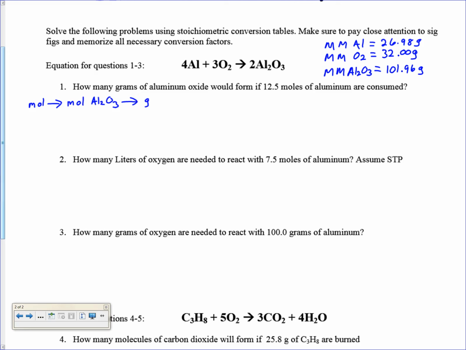So that's kind of our pathway that we're going to take on this one. And then also, I try and write in conversion factors. So the conversion factor mole to mole is the ratio. And then from grams to moles, we're going to use our molar mass there. And so that's how that works.